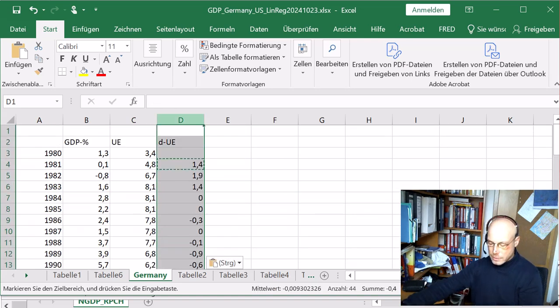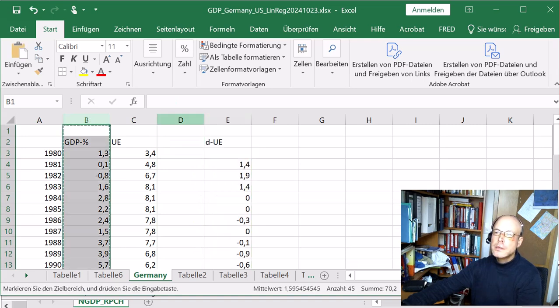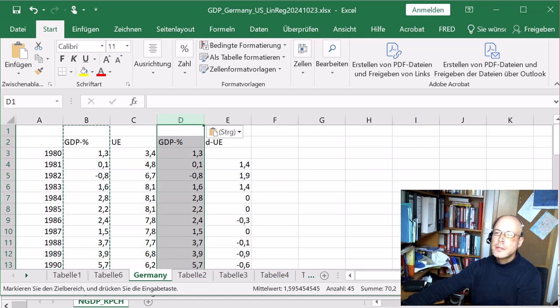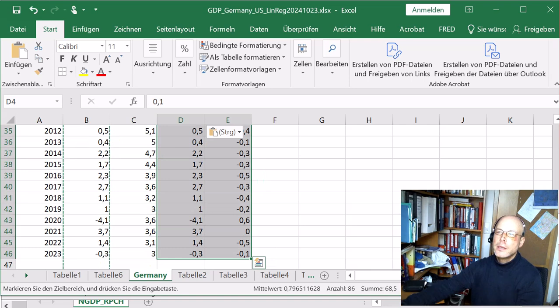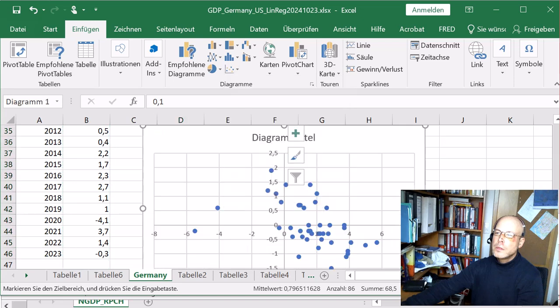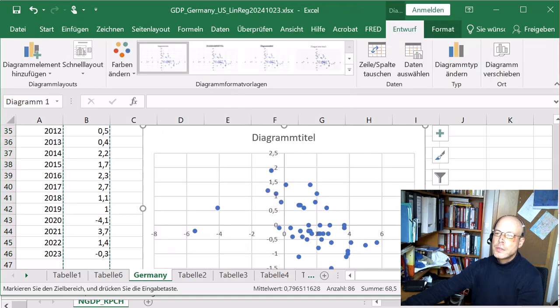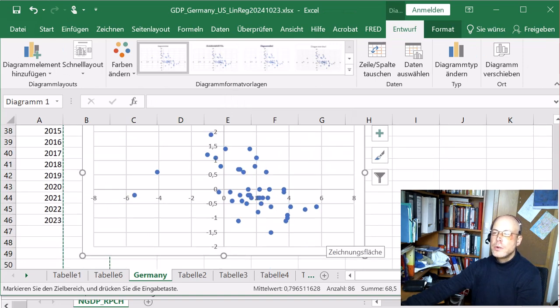And since I directly want to copy this, let's do it like this. And then starting from 1981, this is the data we want to use. And then with this one, we want to do our regression.